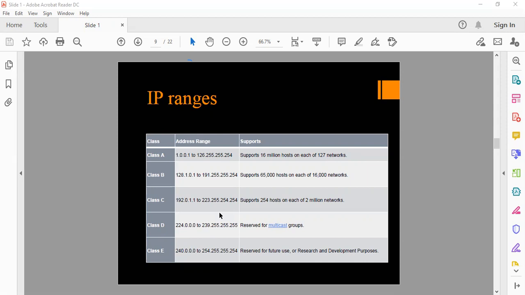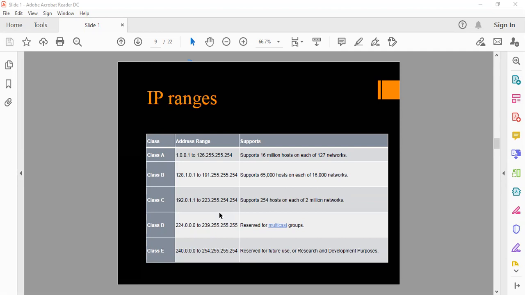That depends on your choice. If you want to increase the number of networks, you will use class C IP addressing. If you need fewer networks and a huge number of hosts, you will use class A IP addressing.